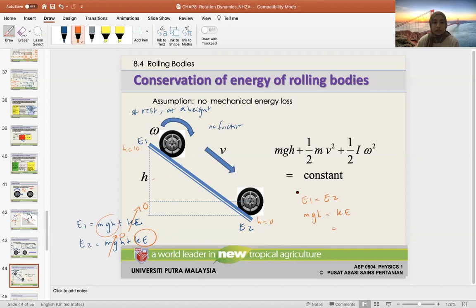So ke, in this sense, we have rotational and also translational. So this becomes 1/2 mv squared plus 1/2 I omega squared. And this becomes mg times 10, whatever that is. Okay. So that is how you use the conservation of energy to solve for rolling bodies down an incline.